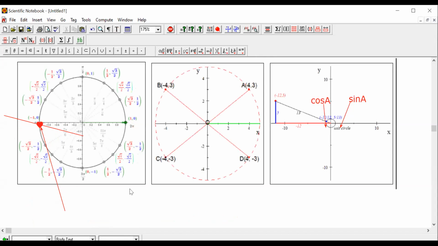There we go. Now I got it. So that point is negative 12 over 13, there's a negative sign in front of it.